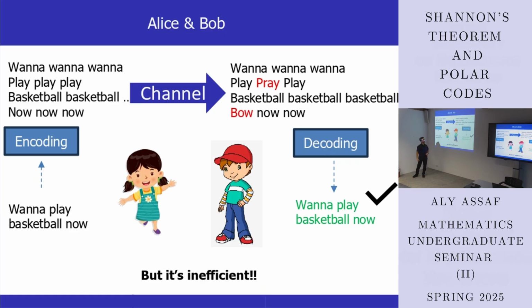Bob's decoding function is he's going to group every 3 symbols and find the most common symbol that occurs and take that as the answer. So if we simulate it right here, you can see as it passes through, even though there are errors in the final message, we can decode it and correct it. So Bob, even though he has errors and noise in the channel, receives the correct idea.